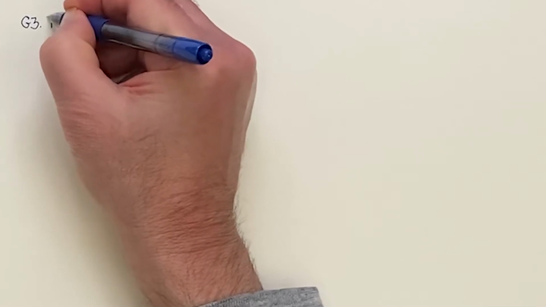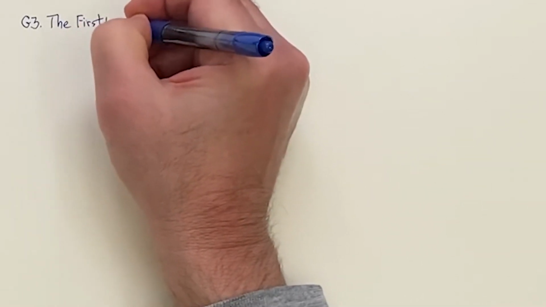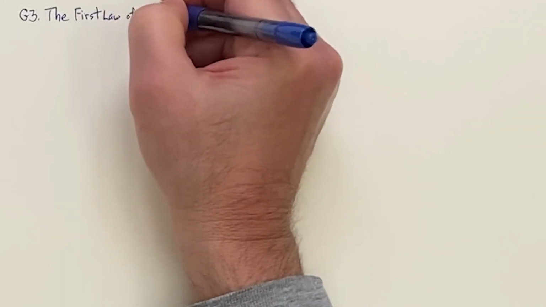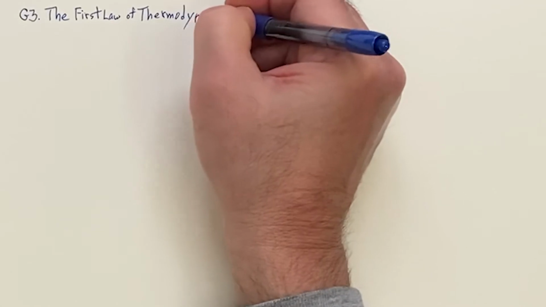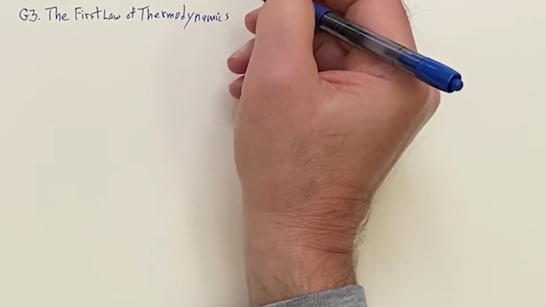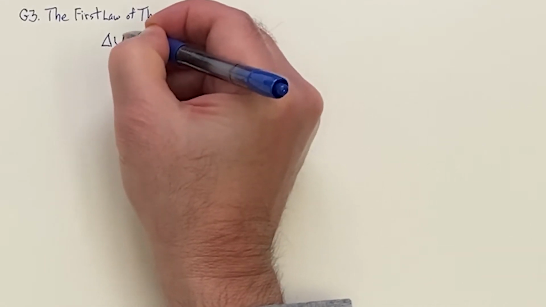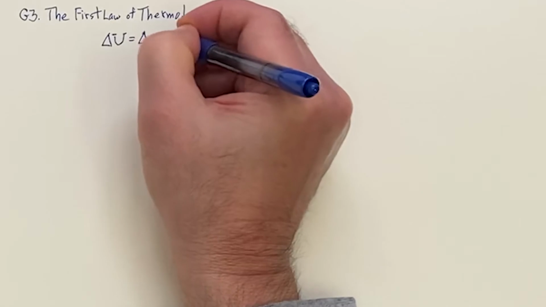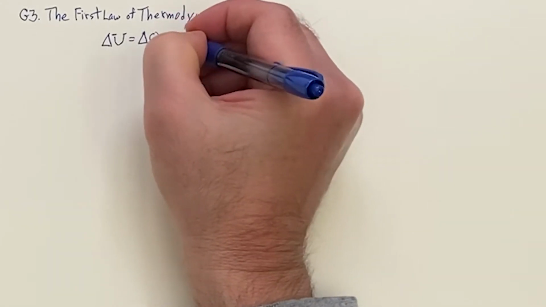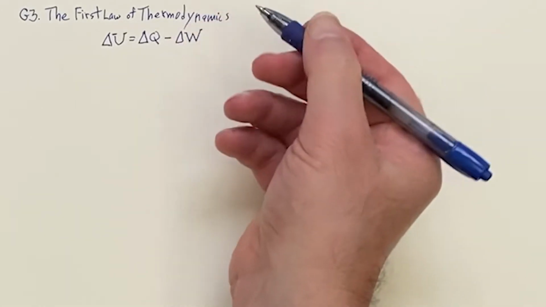Now the first law of thermodynamics, and that is that the change in energy, we use U for energy in the system, is equal to the heat that's put in minus the work that it does.